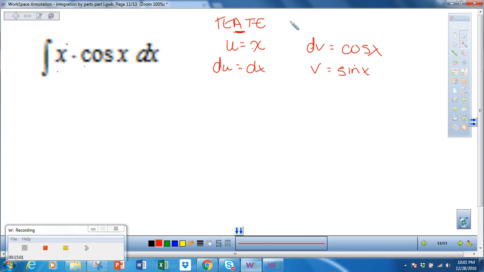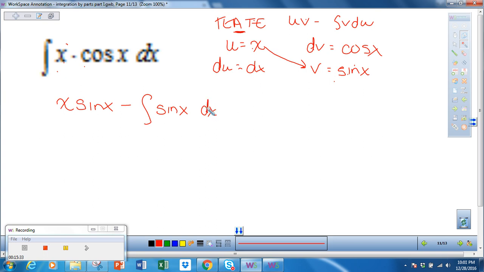I know you thought I was going to make a mistake there, but I did not. Okay, so it's uv minus the integral of v du. Okay, so we integrated dv to get v. We took the integral of cosine x, which is sine x. Okay, so then we write uv minus the integral of v du.